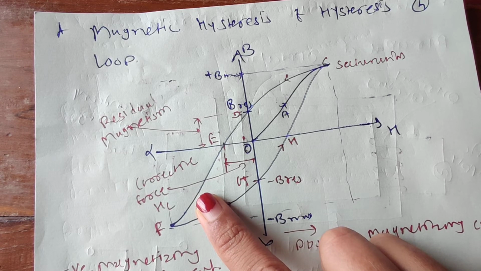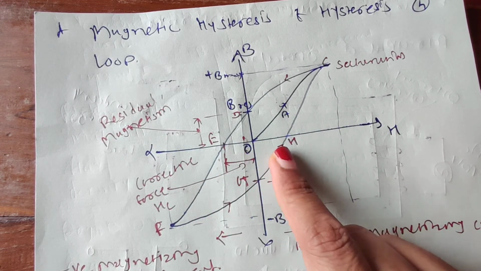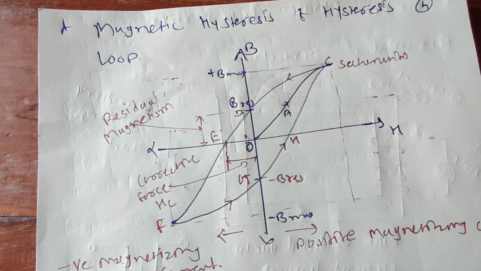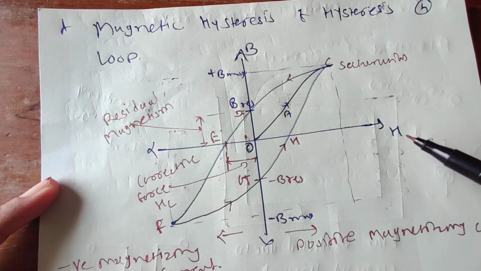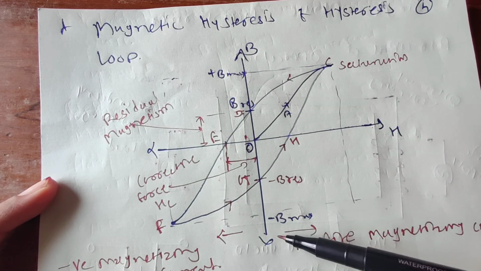Now if we plot the hysteresis loop for a given material, we follow these steps so that we can plot this characteristic. If we increase the current in a positive direction, this is the BH curve. This is B, this is H, this is negative H, this is negative B. Listen very carefully.